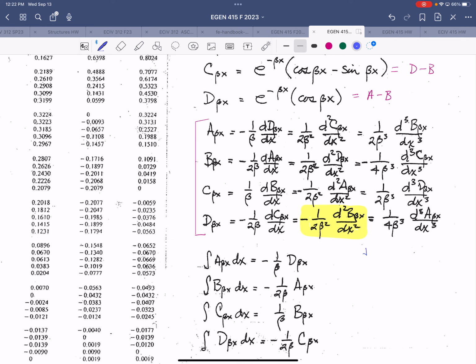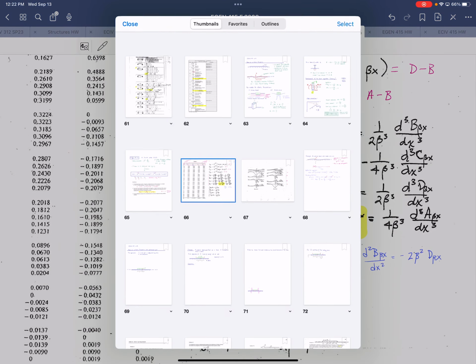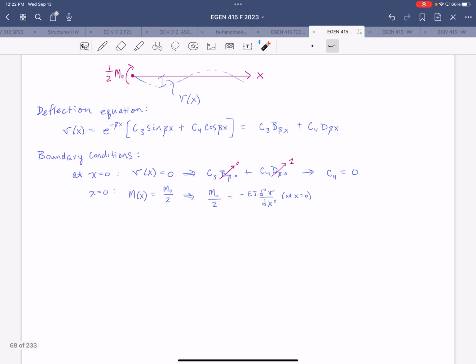So you can say the second derivative of b is equal to negative 2 beta squared times d beta x. That's the useful form that we're going to use in our solution on this page here.